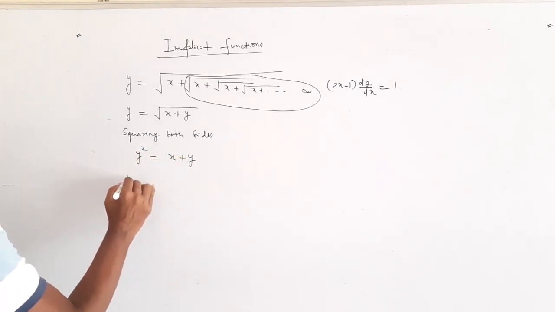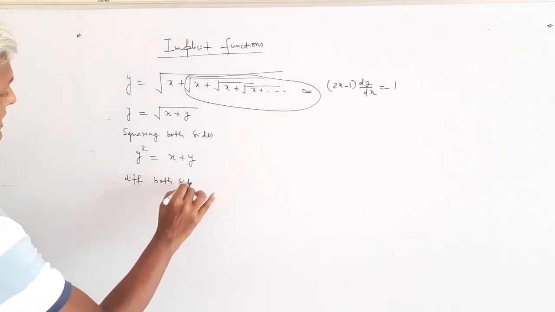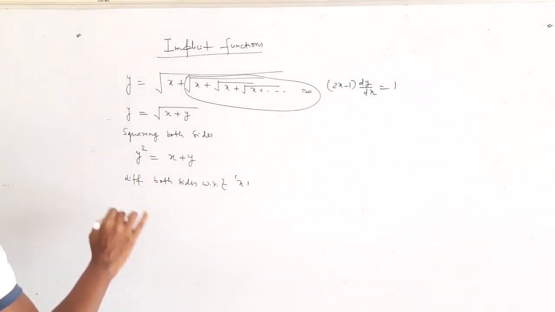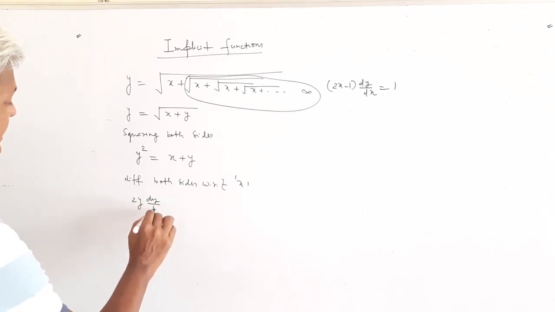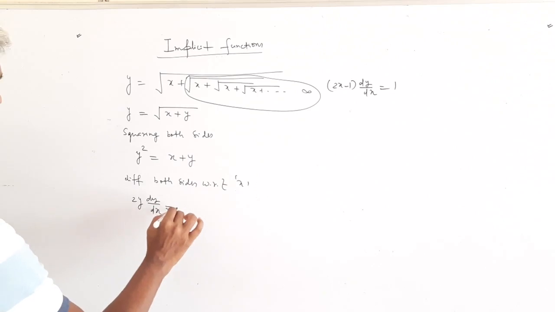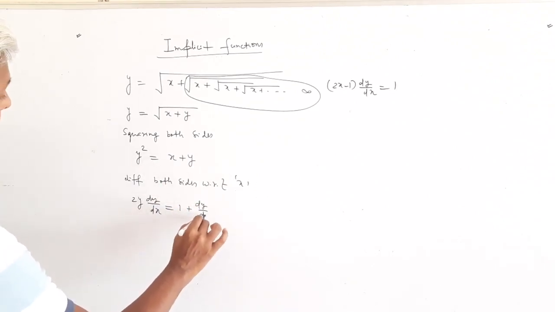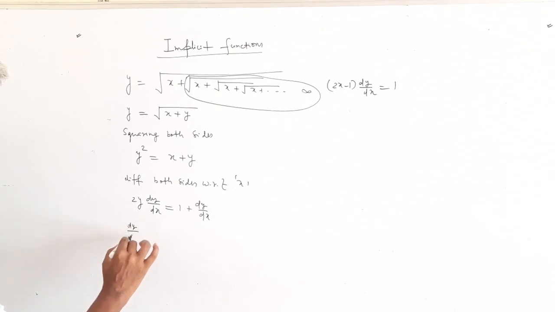Now differentiating both sides with respect to x, the differentiation of y² will be 2y dy/dx. The differentiation of x is 1, and the differentiation of y is dy/dx. Then take this dy/dx on this side and make it common. So dy/dx will become 1 over (2y minus 1).